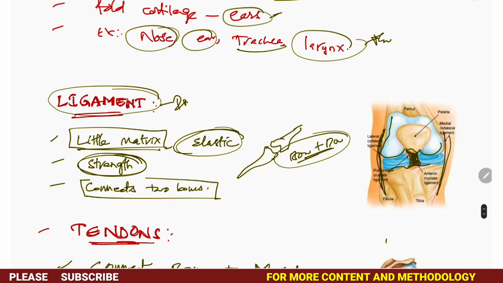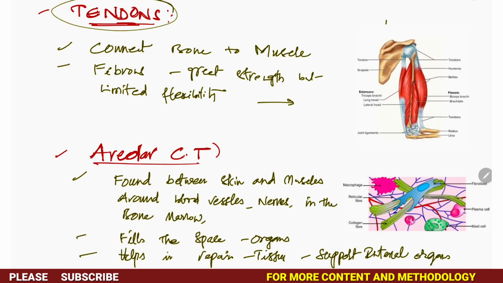Okay. Tendons, this is also very important in view of DSC. What are tendons? Where can we find them in the body? Actually, these tissues connect bone to muscle. Bone to muscle. In our body, wherever the muscle is connected to the bone, tendons are present in between.